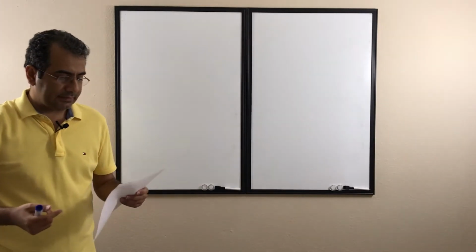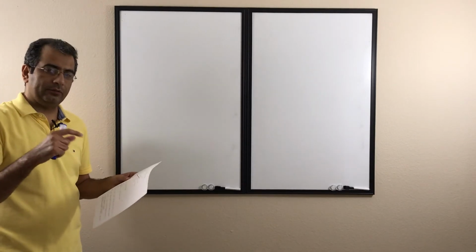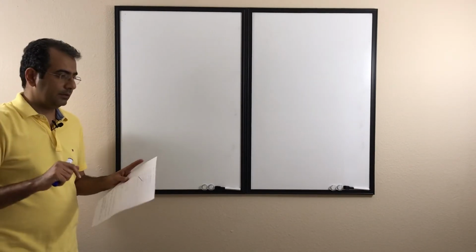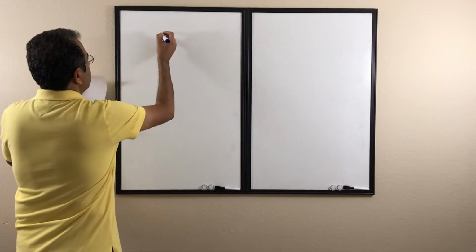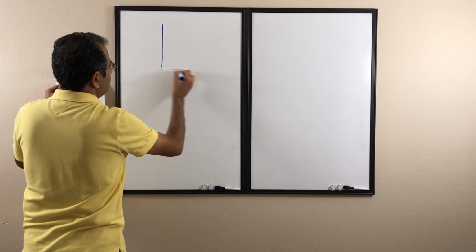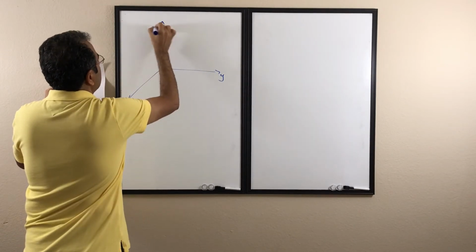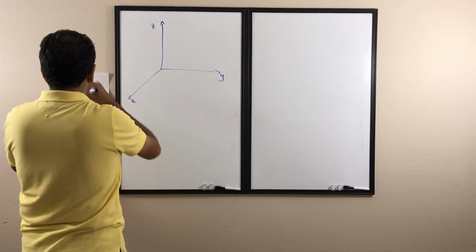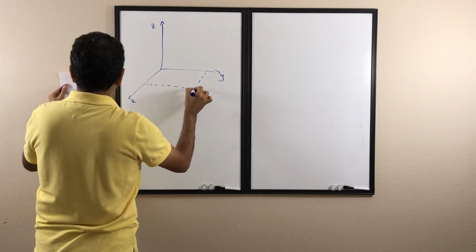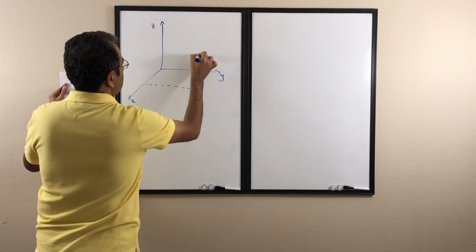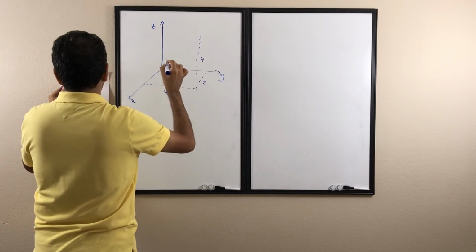Now let's look at an example and see how we can use a dot product to find the force or vector along a line we want. So let's have our coordinate system x, y, z, and assume that we have 2, 4, 4.